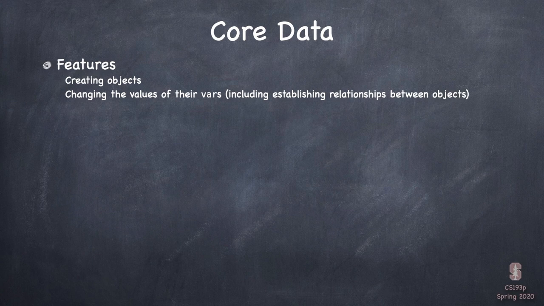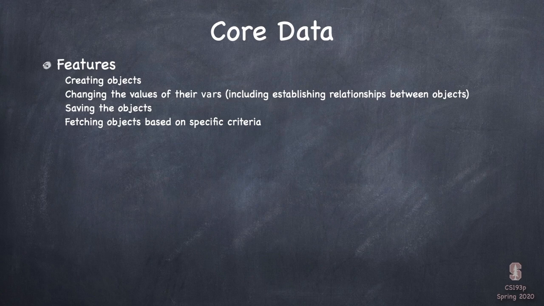And by relationships, I mean things like a flight has an origin airport. So flight objects and airport objects, they have a relationship. And there's, of course, a way to save these objects. And really importantly, you can fetch the objects from the database based on certain criteria. You want to say, I want all the flights that match this certain criteria, arrived at this certain time, or whatever that might be.